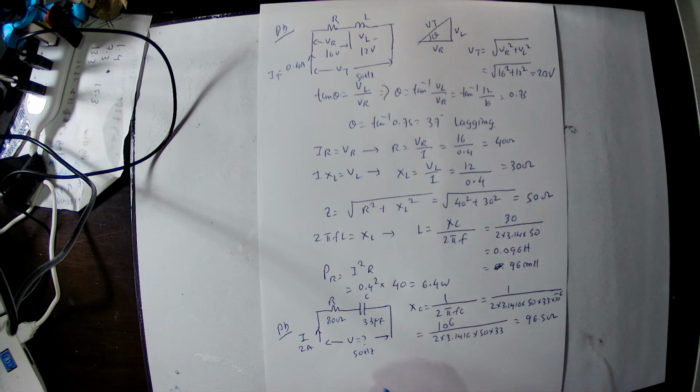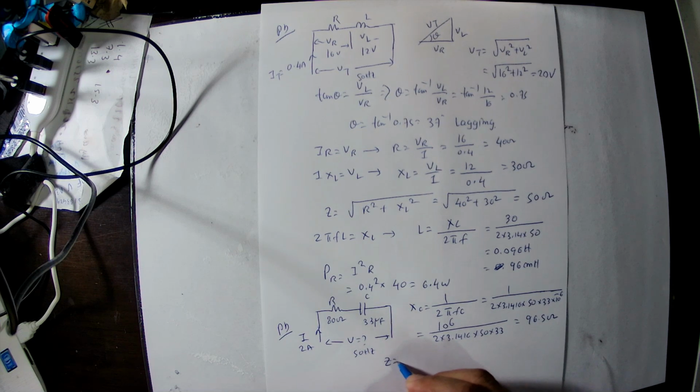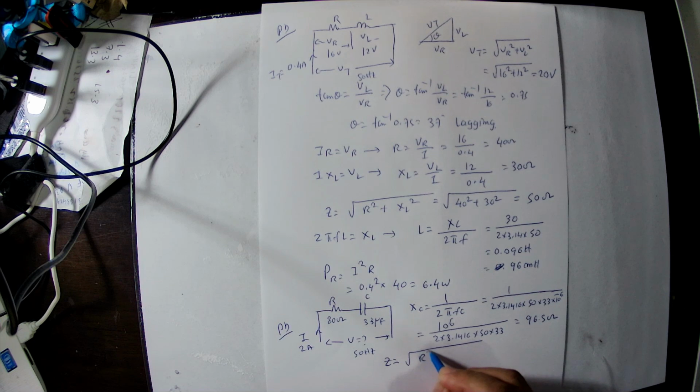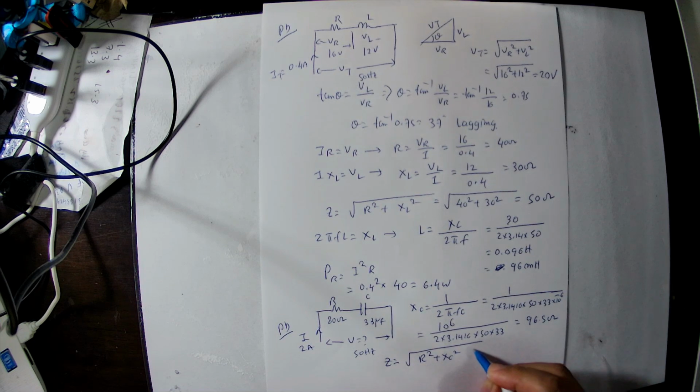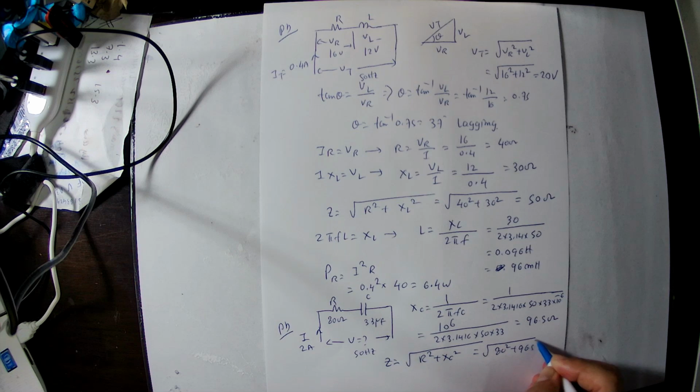Then we can find out the impedance Z. So the impedance Z is equal to the square root of R squared plus XC squared. So resistance is 80 squared plus 96.5 squared.